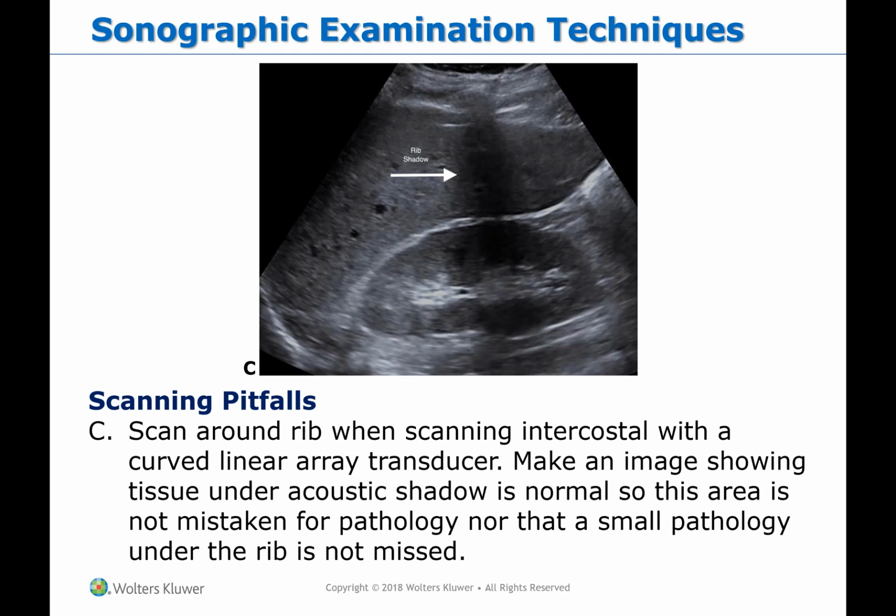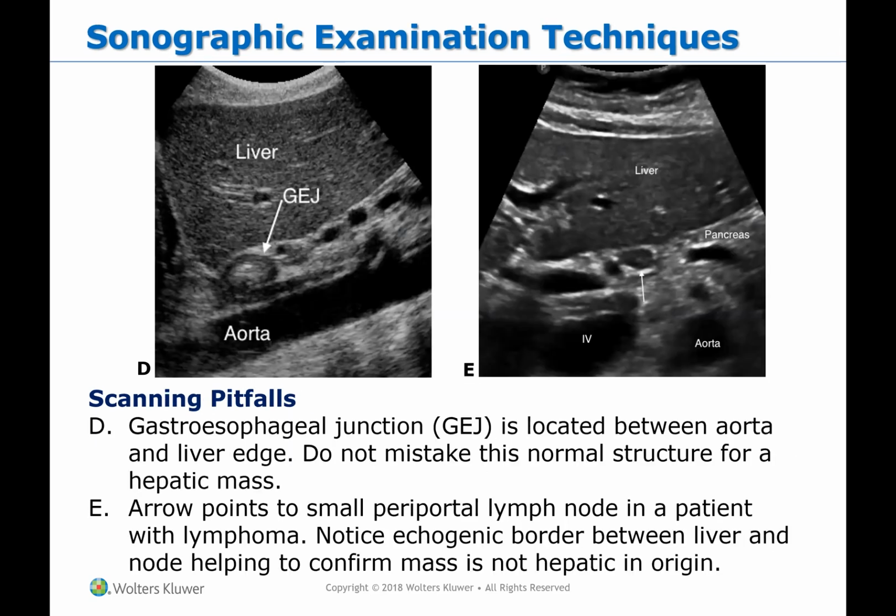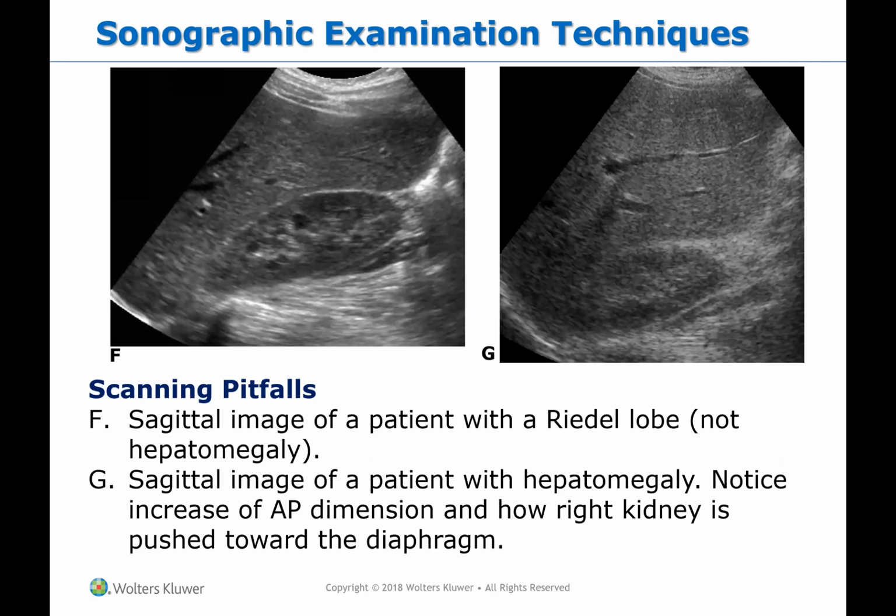You'll get better at navigating through the ribs, but it's hard at first. The gastroesophageal junction is not a mass, so you want to make sure that you know that's normal anatomy. Riedel's lobe is not hepatomegaly, it's just a Riedel's lobe.